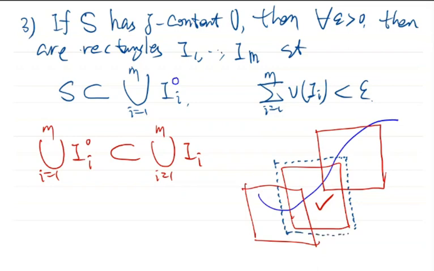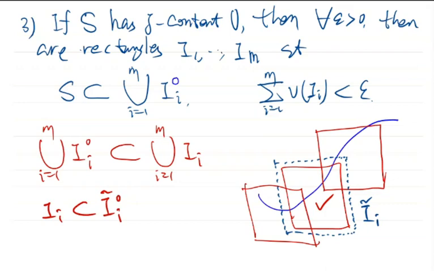Okay, then for this enlarged rectangle, I denote it by I tilde. So I_i is contained in the interior of I tilde_i.